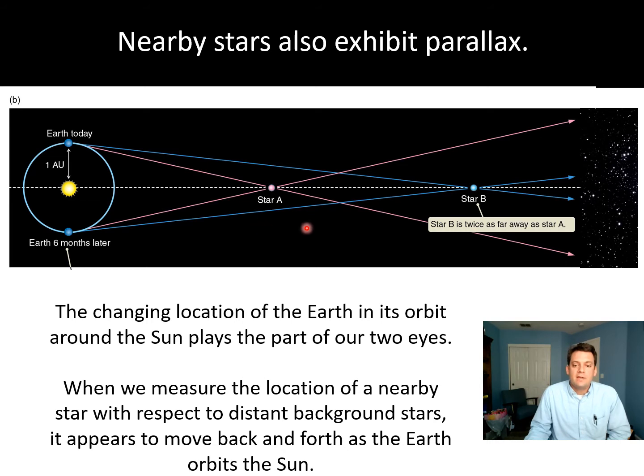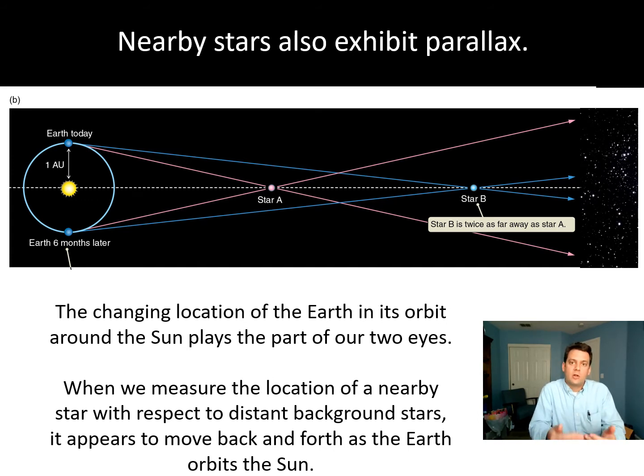So for example, if we make this type of parallactic observation with two stars labeled A and B, if star B is twice as far away from Earth as is star A, then it will shift only half as much due to the parallax. Because remember, again, the closer something is to us, the larger its apparent shift due to these two different observations.